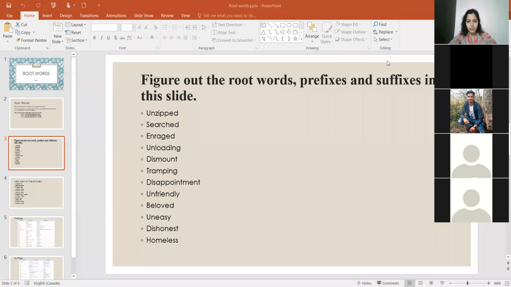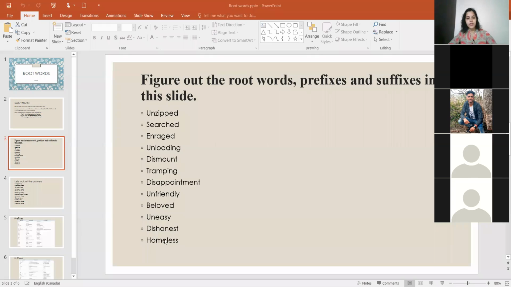All right, very good. So moving on to uneasy. Yes, un would be the prefix and easy is the root word. And what about dishonest? Again, a very simple word. Yes, dis plus honest. You're right about it.